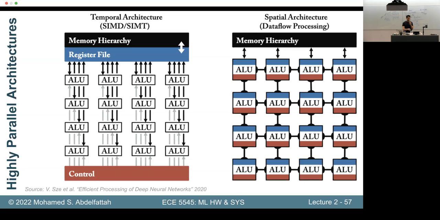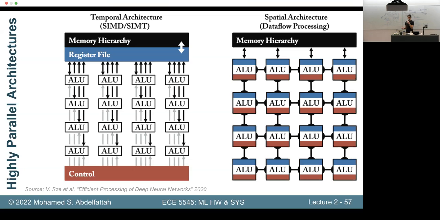And that's when you actually have your instructions laid out spatially. So you would have something like instruction 1, instruction 2, instruction 3, instruction 4, and then you have your data streaming through it in a pipeline fashion. And then you get your result, right?